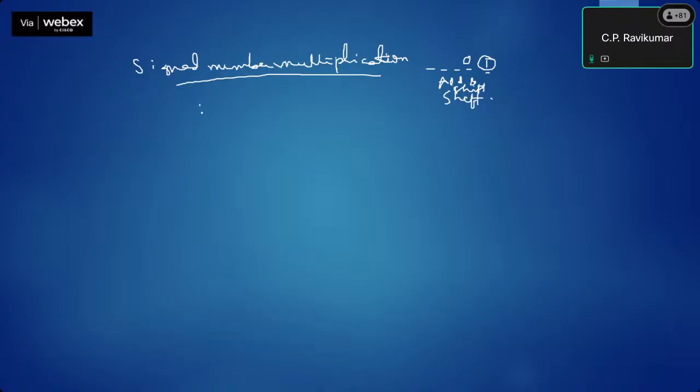So let us take the number 101. What is this number? It is equal to 2 to the power 2 plus 0 times 2 to the power 1 plus 1 times 2 to the power 0. So 101 in binary is 5 in decimal.